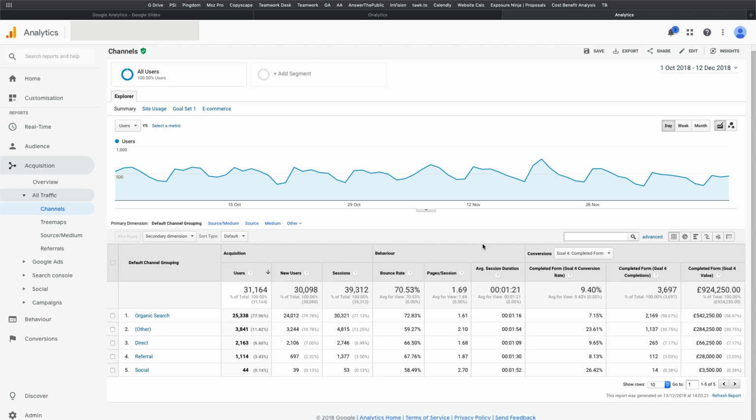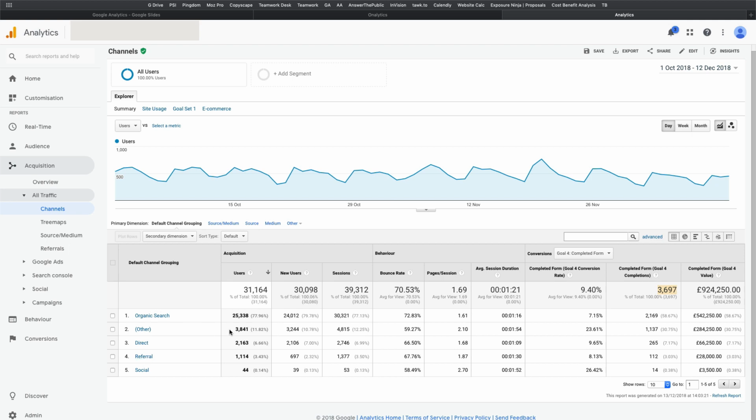Another high converting website, this one has a conversion rate of 9.4%, which is pretty tasty. This is a lead generation business, and in the period from the 1st of August to the 12th of December in 2018, they picked up 3,700 conversions, which were worth to them a little under £1 million during that time.